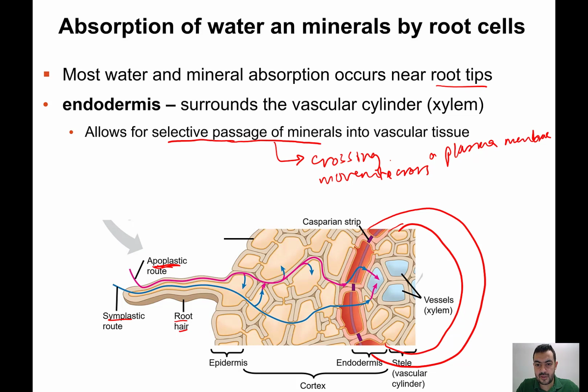The endodermis is forcing the apoplastic route to cross the cell membrane. Now it is following the symplastic route because it is crossing the membrane, and after that it will cross the cell wall of this endodermis to the xylem, and by being in the xylem it can be easily transported.